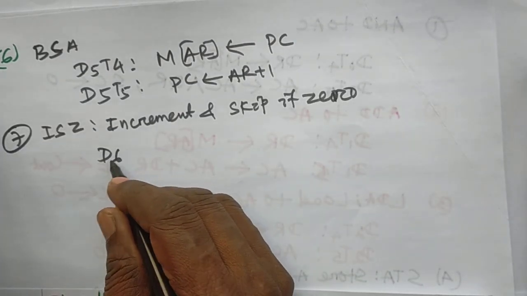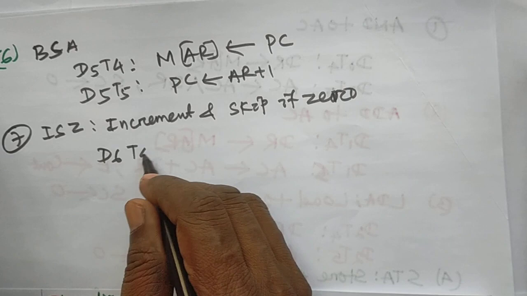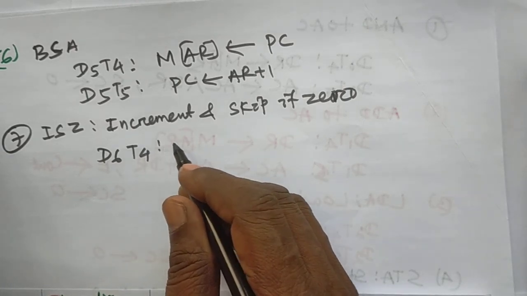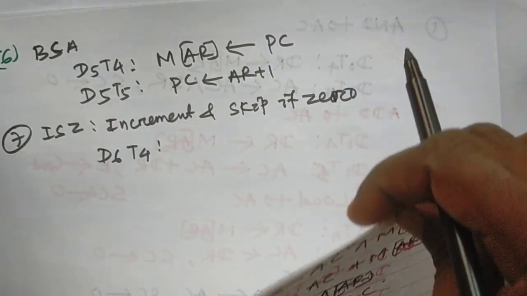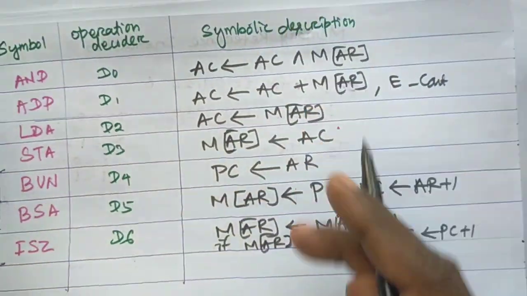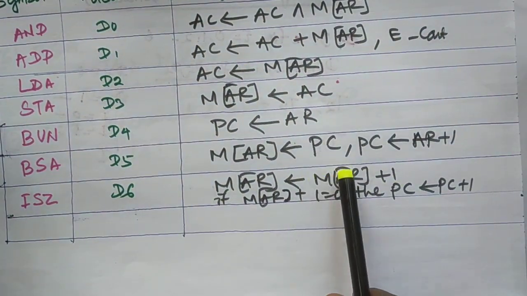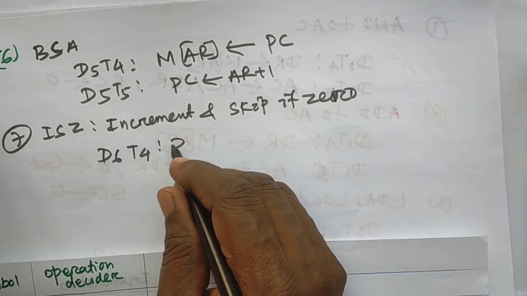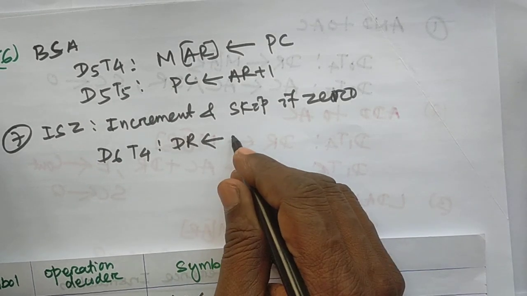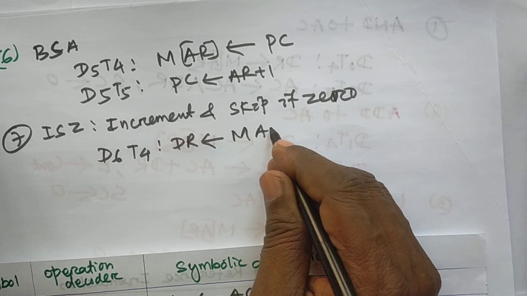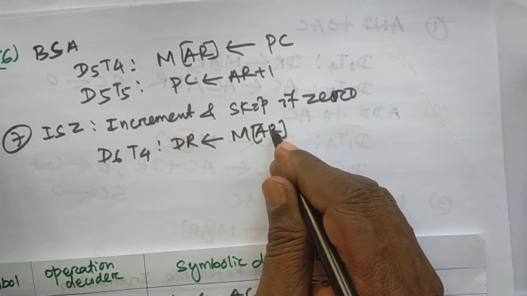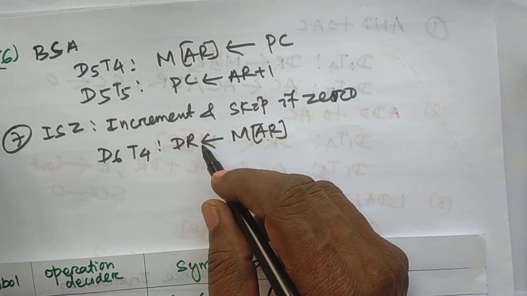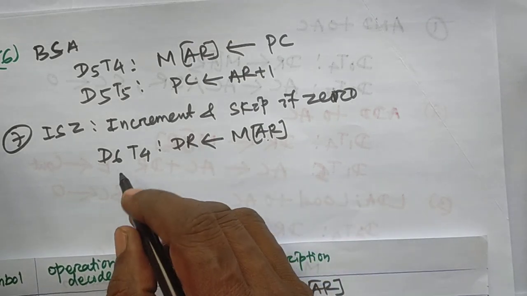So D6 T4: first of all, the memory data is stored in the data register DR. Memory data at the address register is transferred to the data register.